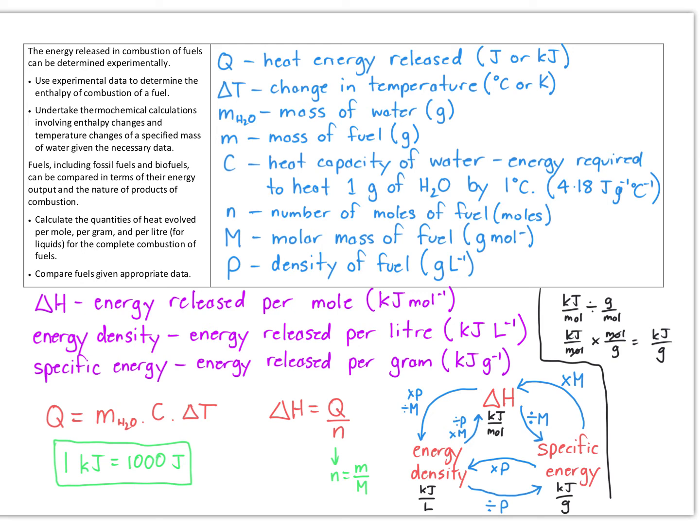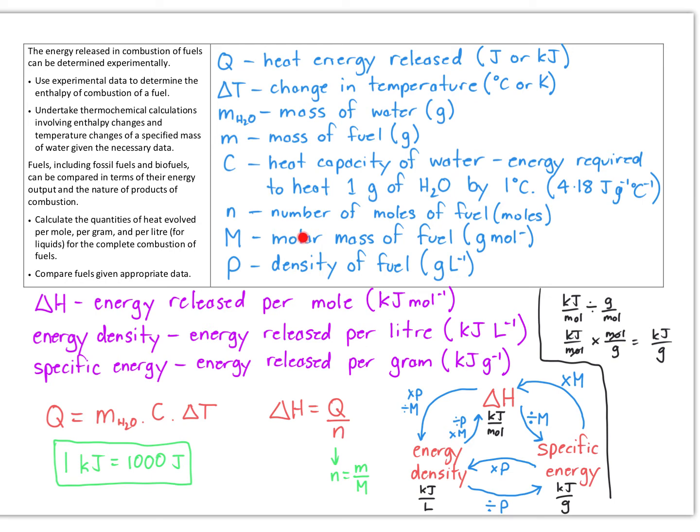But the SI unit, the standard unit, is joules. So 1 calorie is equal to 4.18 joules. You've probably heard people talk about calories in food. For those of you who have done nutrition, or you may have even done these experiments in earlier years, you might have burnt chips or nuts and used them to heat water up and work out how much energy was stored in the food.